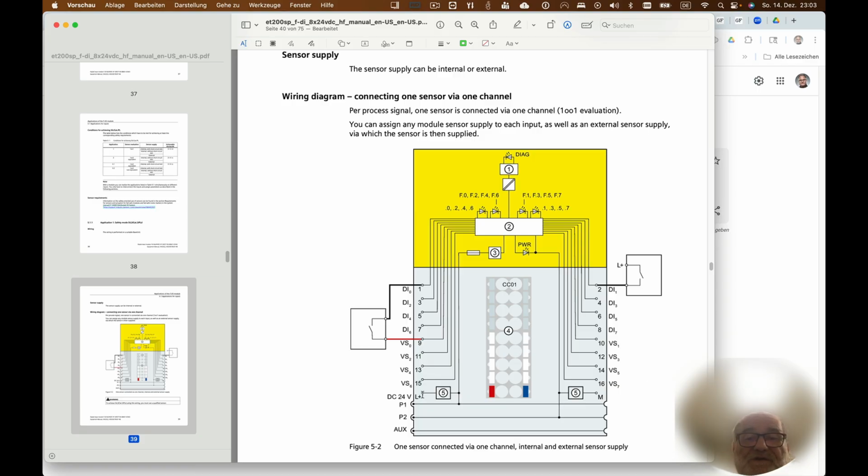You can probably just take that from here. This will be the same voltage, like let's say this is your power supply, your 24 volts.